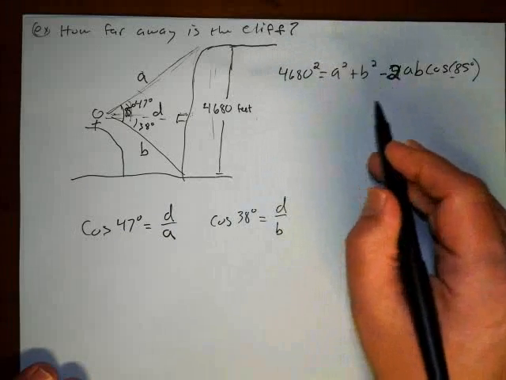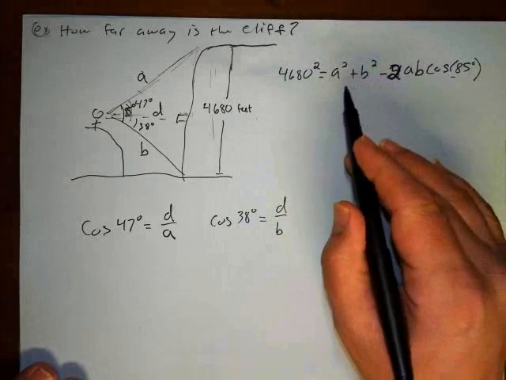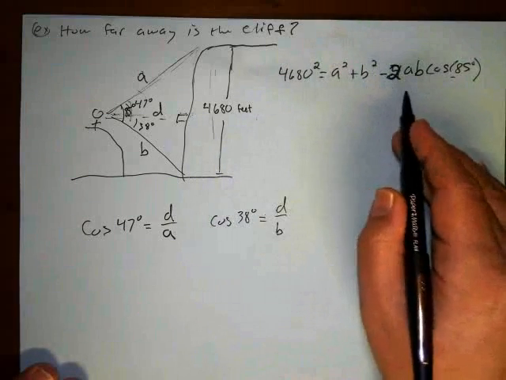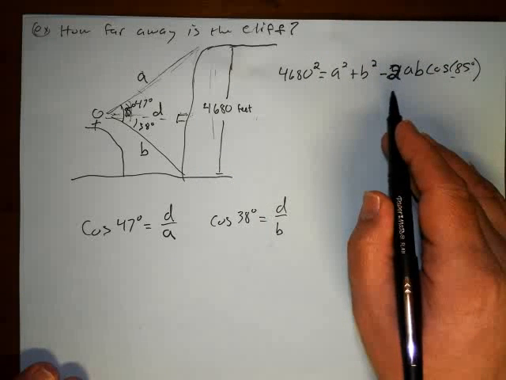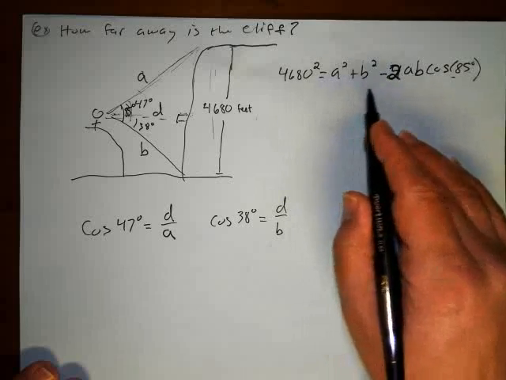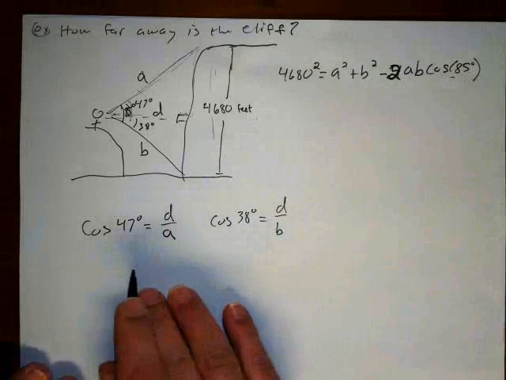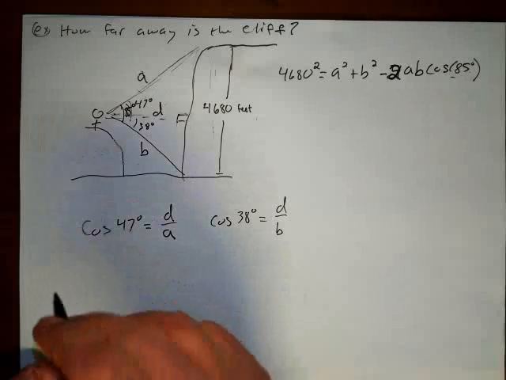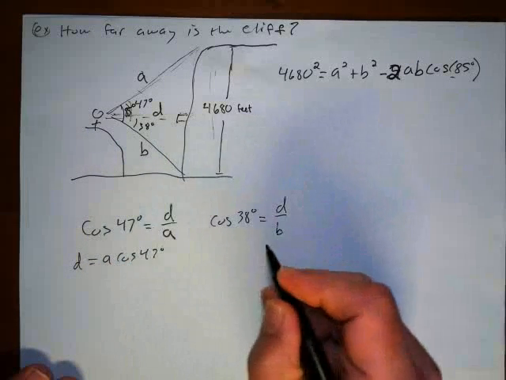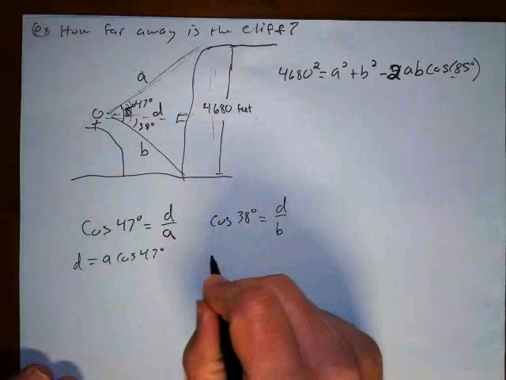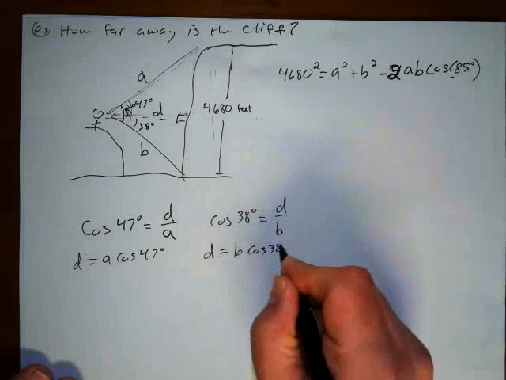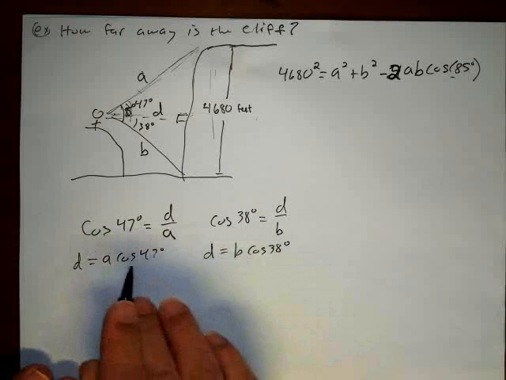Now what would be nice is if I could substitute this stuff in here in such a way that this is all in one variable. You could do this multiple ways, but here D would be A cosine of 47 degrees, and here D is also B cosine of 38 degrees, and so both of these are equal to one another.